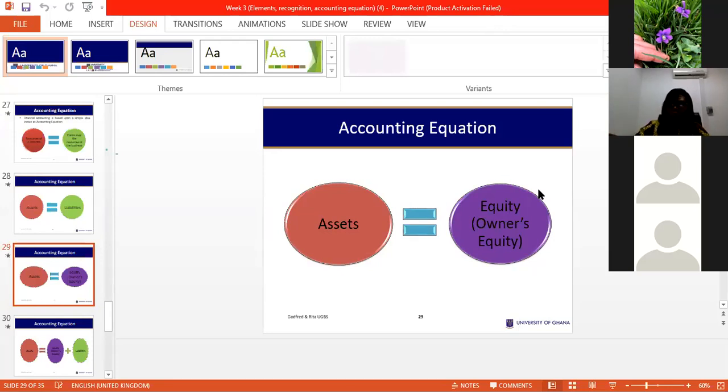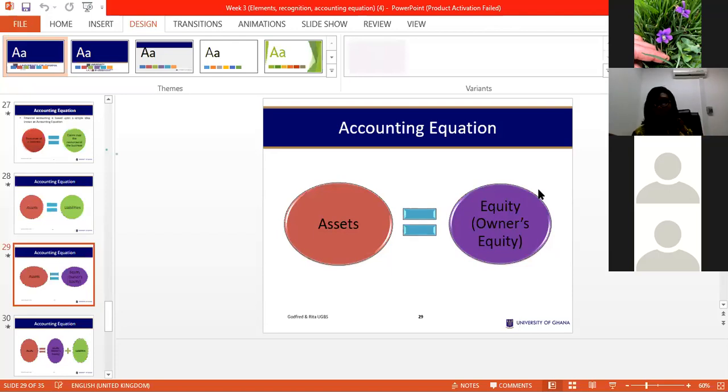But how do we show the owner's monetary value? Remember, we must measure the owner's value as well. And so whatever amount the owner brought will be recorded as owner's equity. And it will be equal to the amount that has been paid into the business bank account.